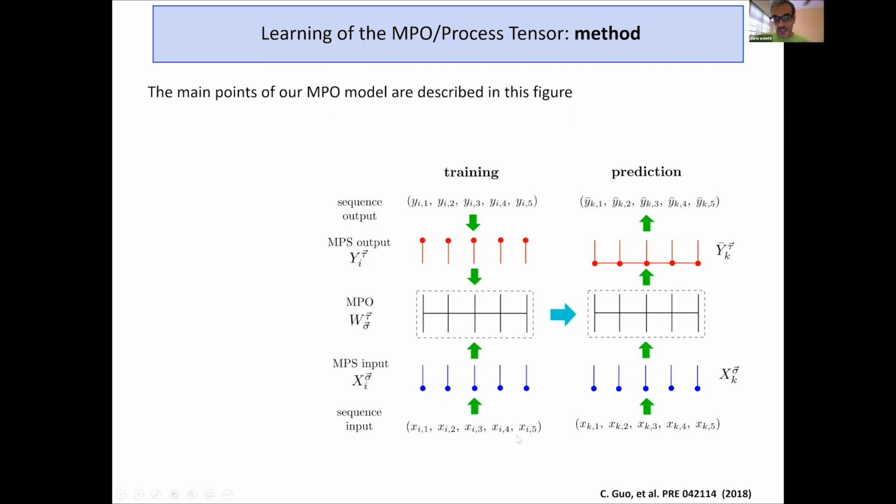Whatever they are, we can always describe them as vectors and turn them into matrix product states. Then we can use these matrix product states to train an MPO, even if the problem is non-linear. In some cases, this learning method will work very well. It works very well also for some non-linear diffusion problems we tried, and it worked very well for some strange cellular automata that we also tried.